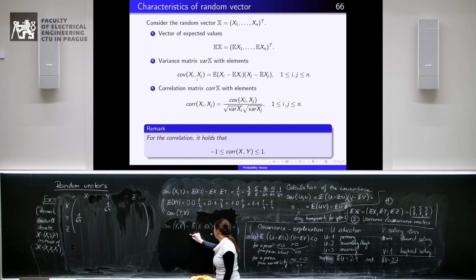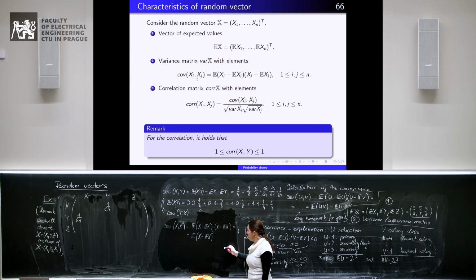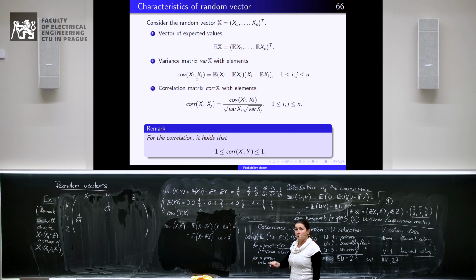But this is nothing other than the expected value of the squared distance of X from its mean value, and this is what we call the variance of X. So on the diagonal of this covariance matrix, we have the variances of the random variables from the vector.